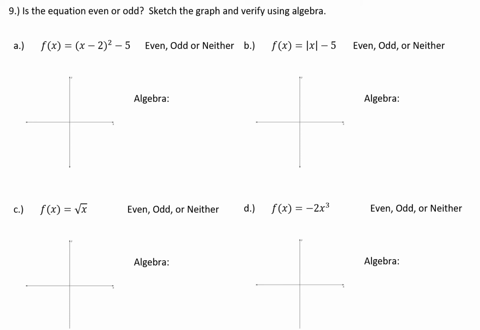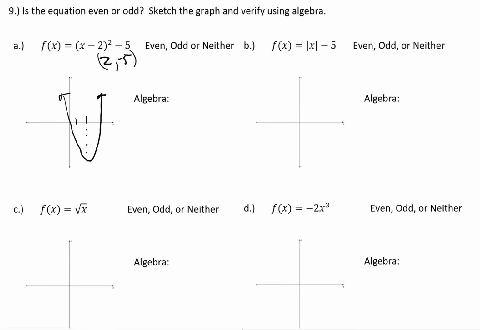So I know the vertex is going to be at 2, -5, right? So 2, -5 is going to be 1, 2, 1, 2, 3, 4, 5. So I'm going to have a graph that looks like this.